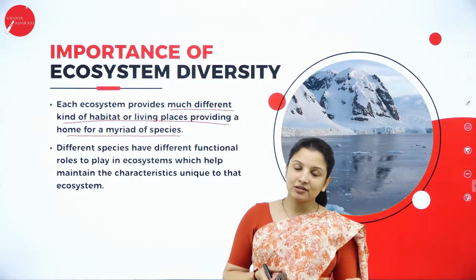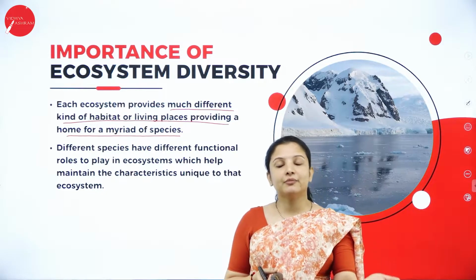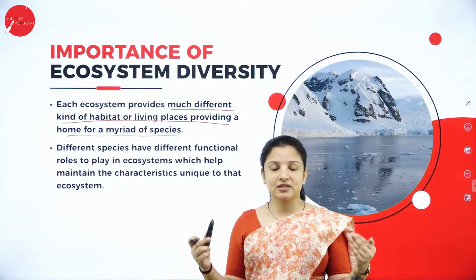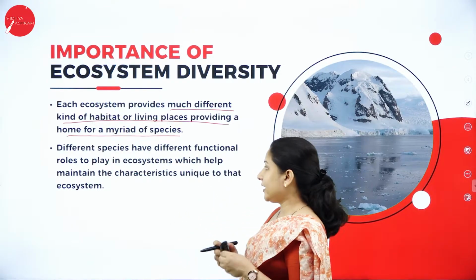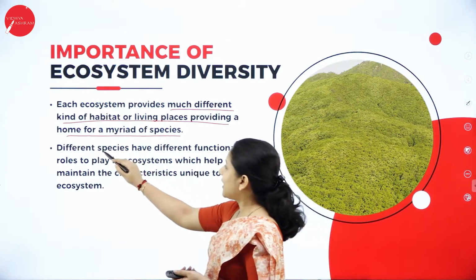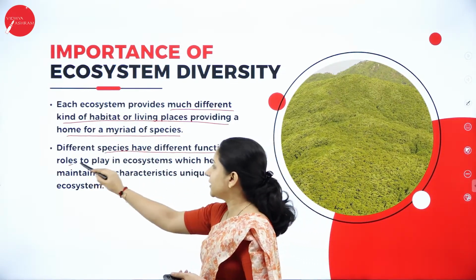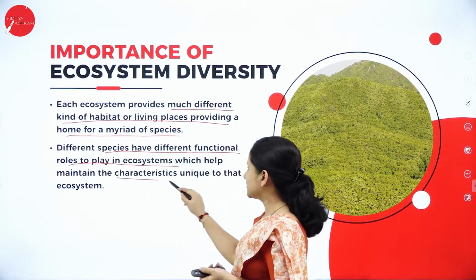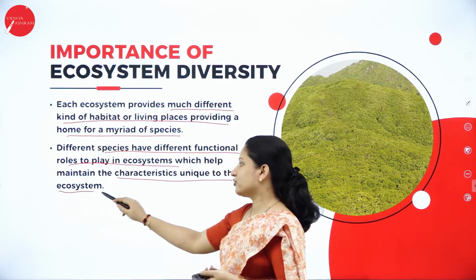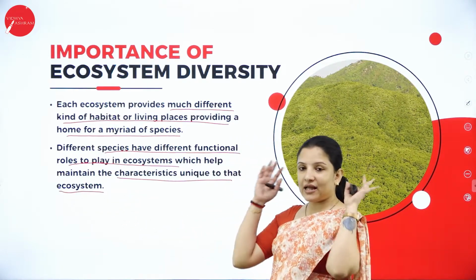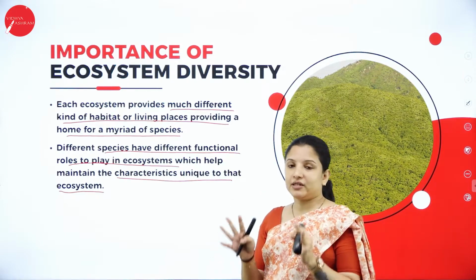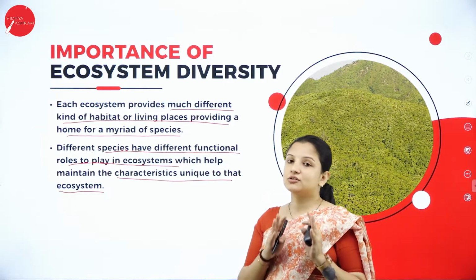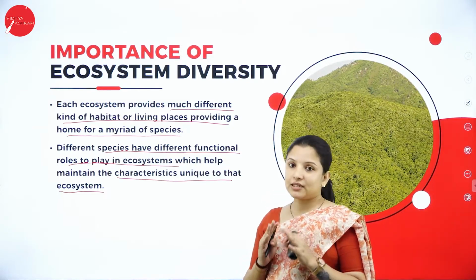And these variations in the genes, what do they bring about? They bring about a diversity in the species. So therefore, all these levels of biodiversity are interconnected to one another. Different species have different functional roles to play in an ecosystem, which helps them maintain the characteristics unique to that ecosystem. As I told you, the aquatic ecosystem means they'll have their own characteristics to live in that ecosystem. The terrestrial ecosystem means they'll have their own characteristics to adapt to that terrestrial ecosystem.